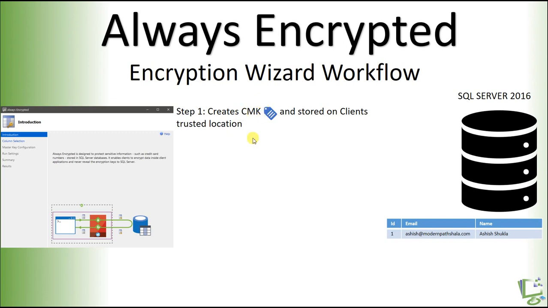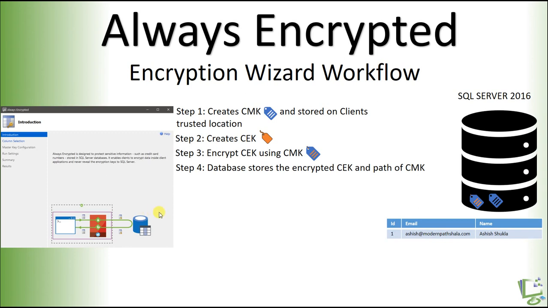SQL Server does not have direct access to the CMK, only the client can access the CMK. In the next step the wizard creates the CEK, that is the column encryption key, and encrypts the CEK using the CMK.